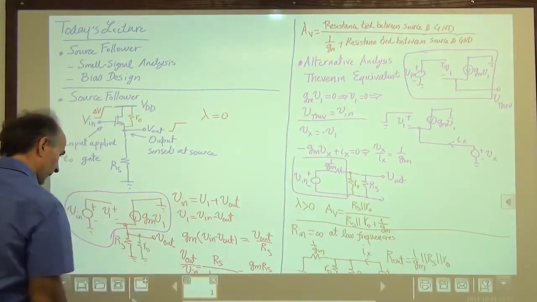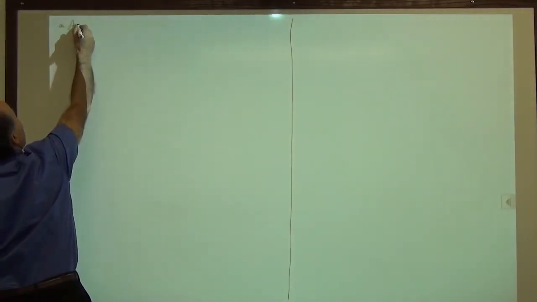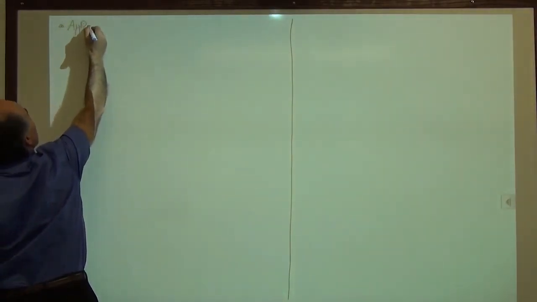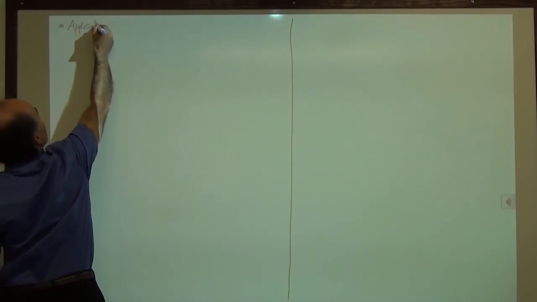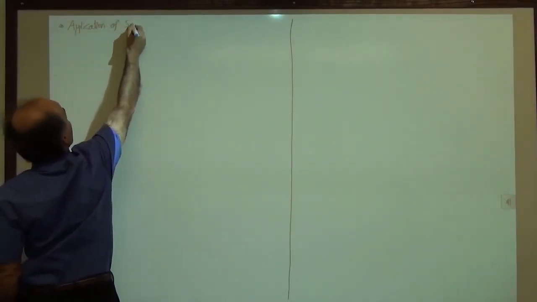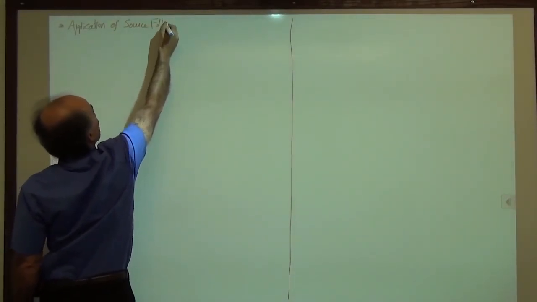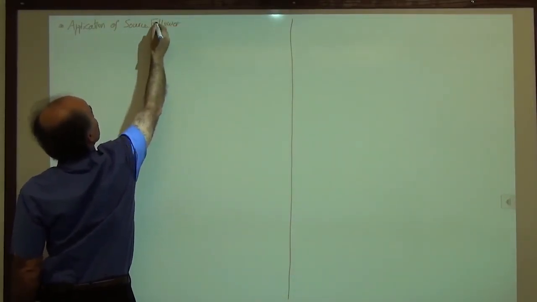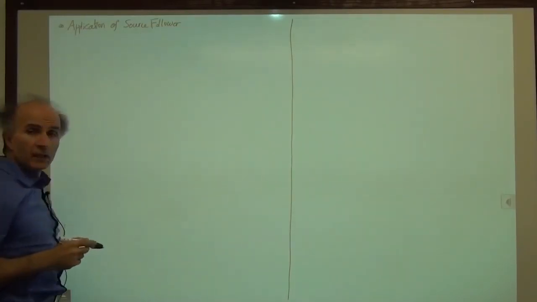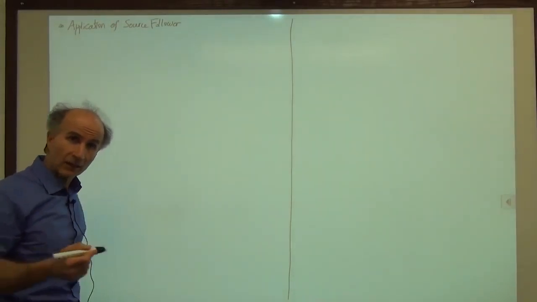All right, so let's go add a page. Okay, so this is one application of the source follower. All right, so let's say we have designed a common source amplifier with some gain.